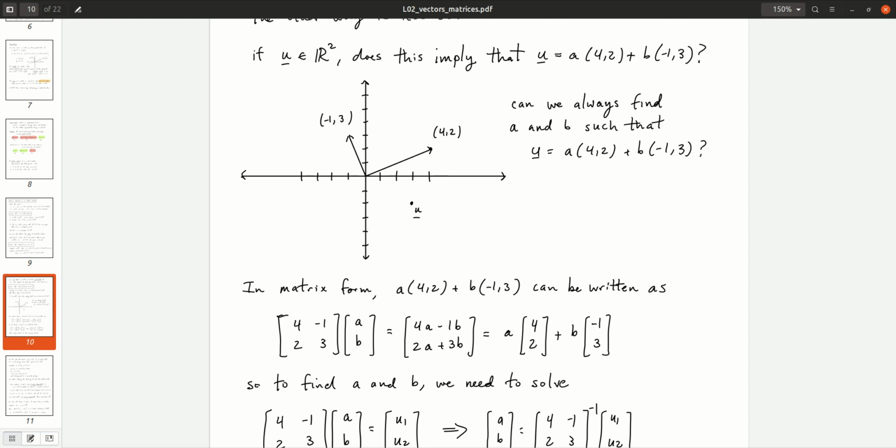To make this even more obvious, another way of thinking about matrix vector multiplication is you take the first element of the vector and multiply it by the first column of the matrix, and you take the second element of the vector and multiply it by the second column of the matrix. So this representation looks much closer to this one. So it should be more obvious that this is the same equation, but it's the same as writing this in matrix form here.